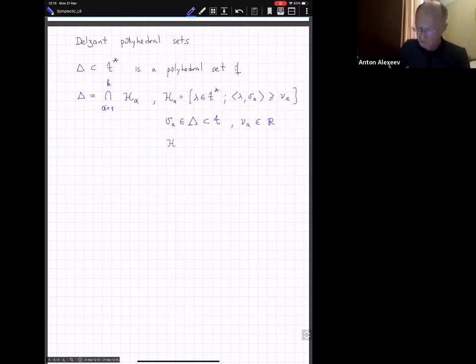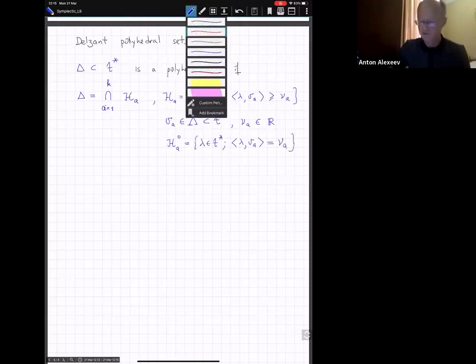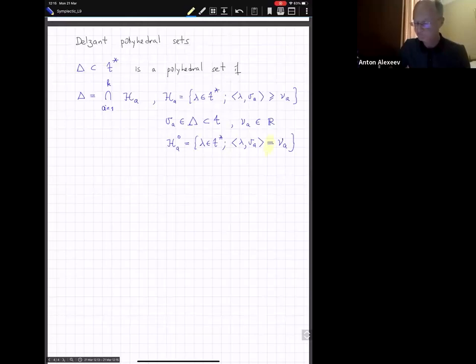Sometimes it's also convenient to use H_a^0 for the corresponding hyperplanes, or affine hyperplanes. So here we have an exact equality. So here this is an inequality, and here we have equality.